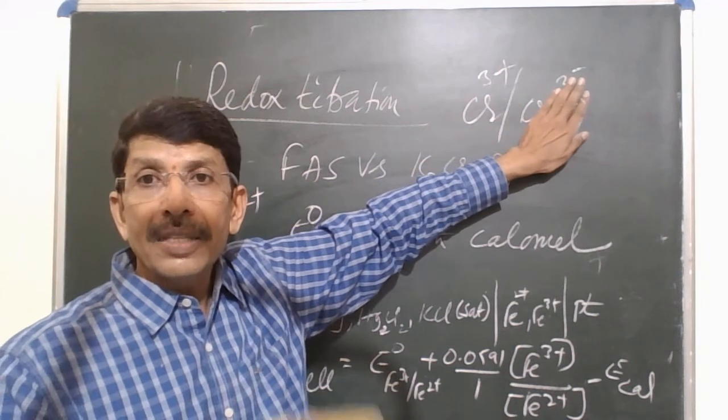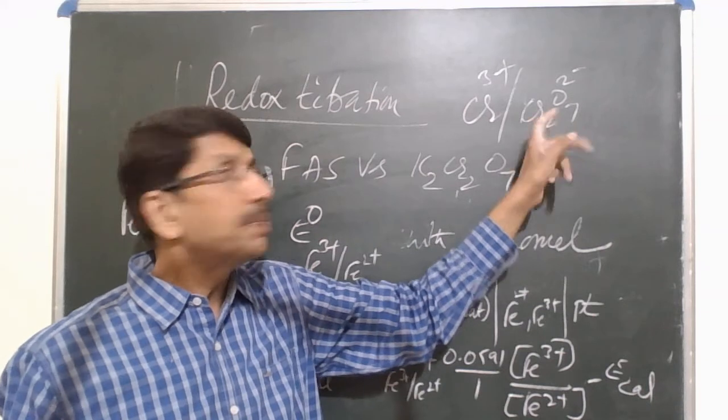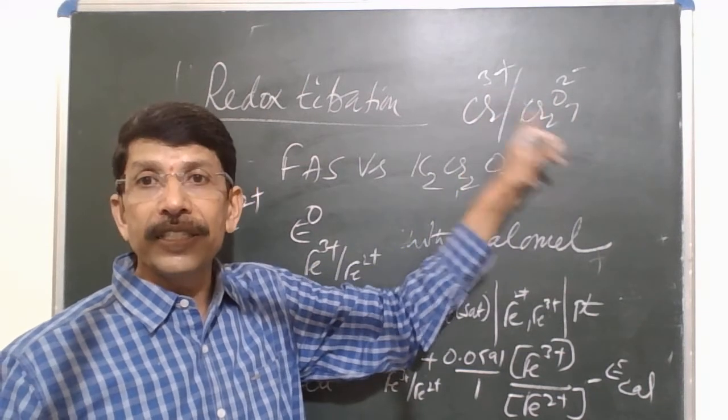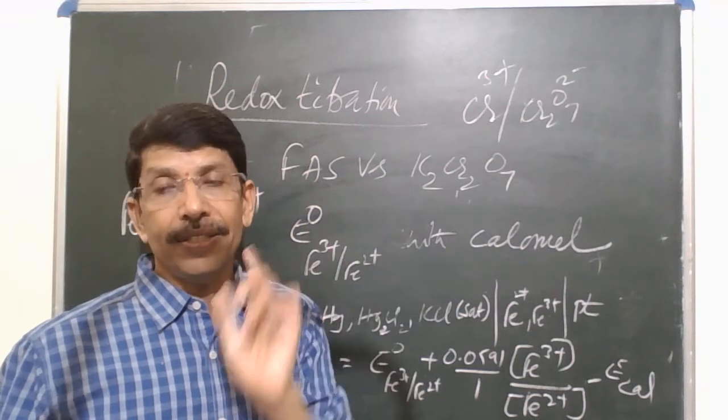Only dichromate ions are added after the equivalence point. So with the addition of dichromate after the equivalence point, this concentration goes on increasing. So this ratio changes, and because of this ratio, the EMF will again be changing.